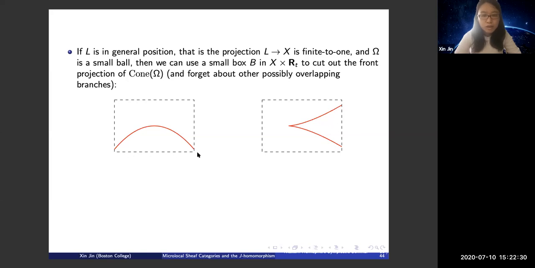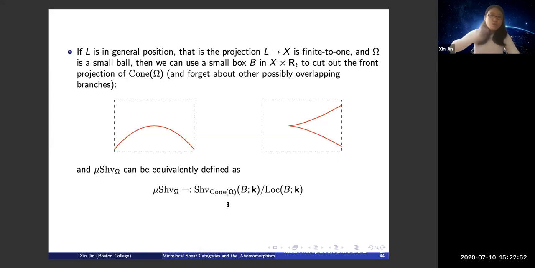You have an open set in the base X times an interval in the R_t direction, and you can use a box to cut out a closed image for the front projection. And then you forget about other possibly overlapping branches.